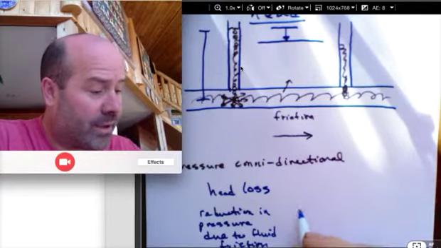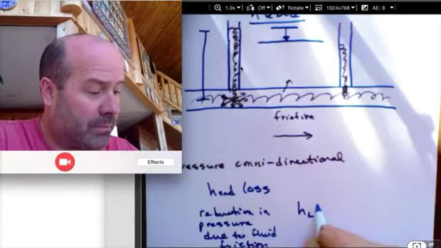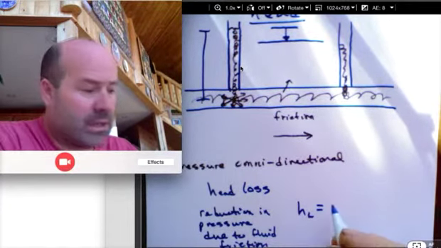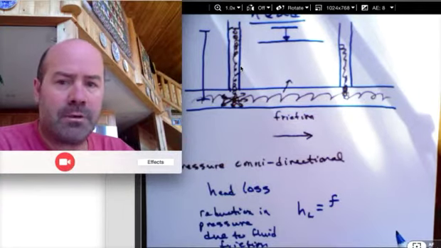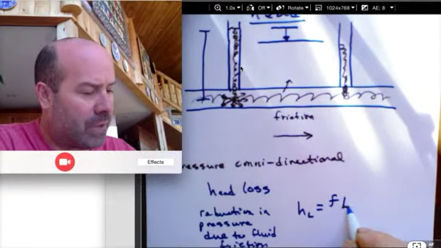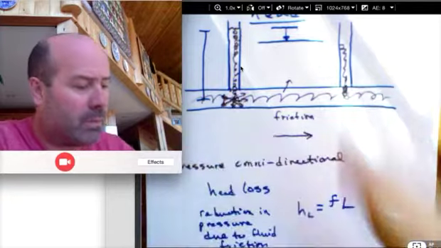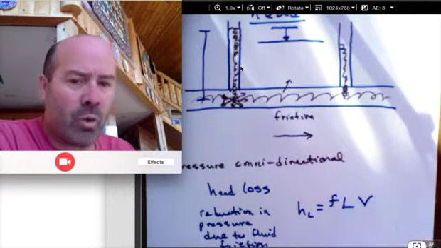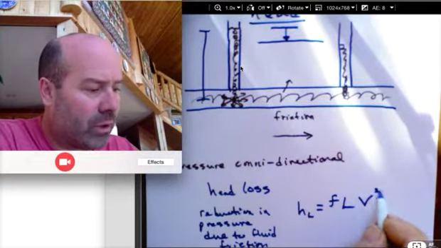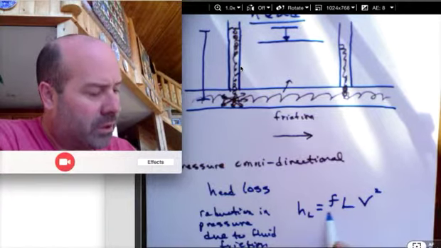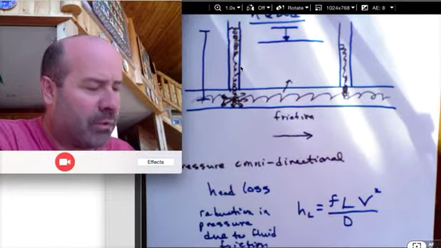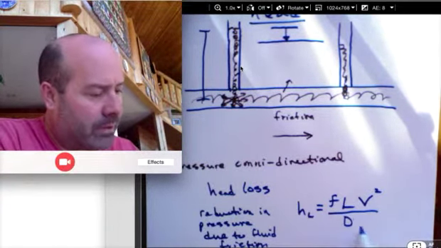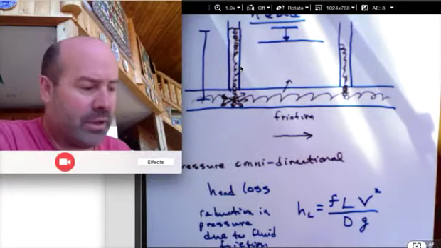There's an equation for head loss in a straight pipe. It is something called the friction factor times how long is the pipe times how fast is the water moving squared divided by the diameter divided by the acceleration due to gravity and divided by 2.